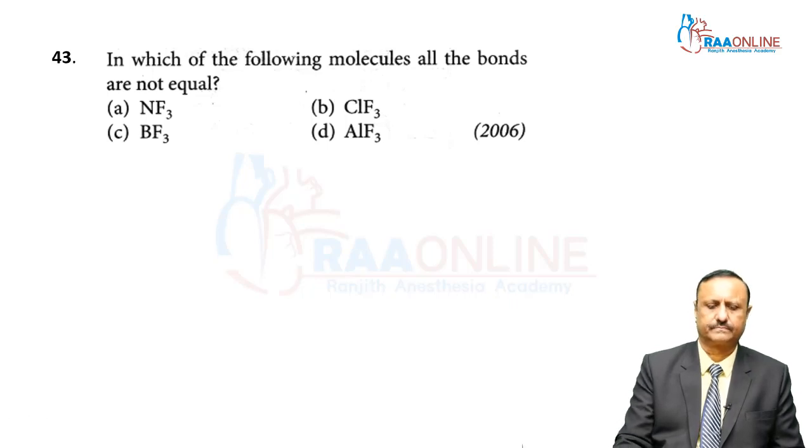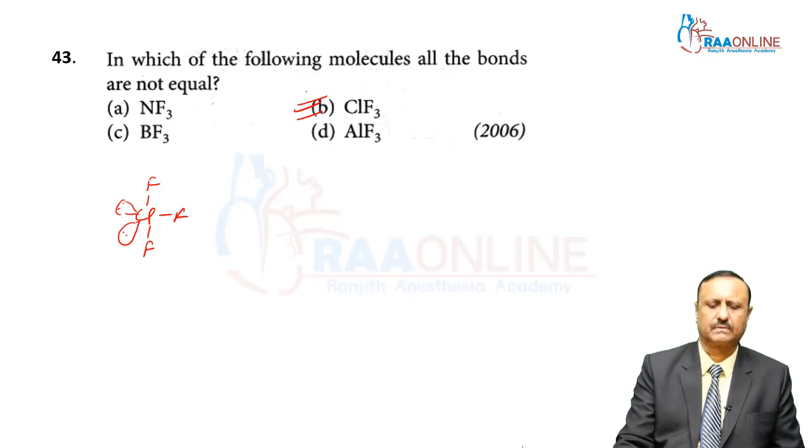Here this answer is B. You can see 3 fluorines attached, with the lone pair electrons, in ClF3. Here those lone pair electrons are nearer to these bond pairs of electrons, so these bonds are not equal.